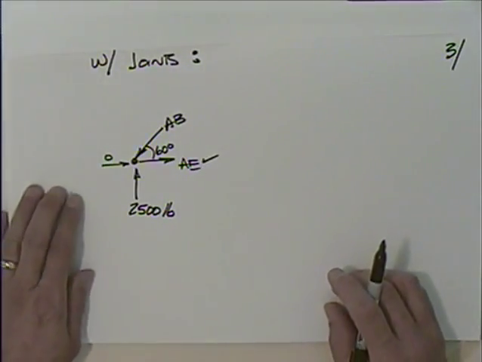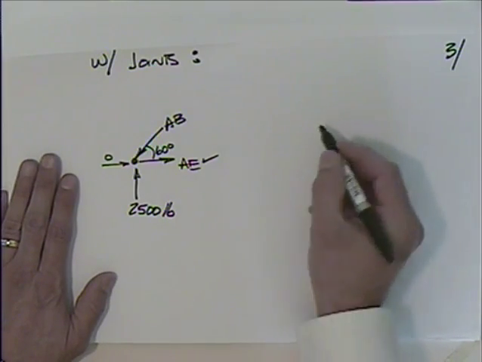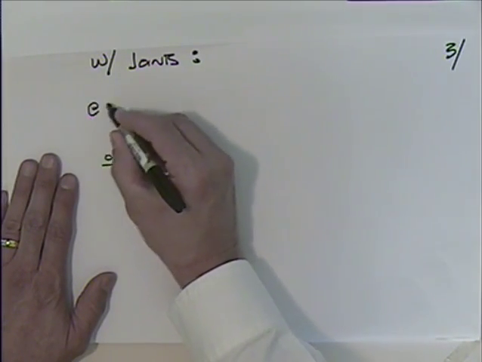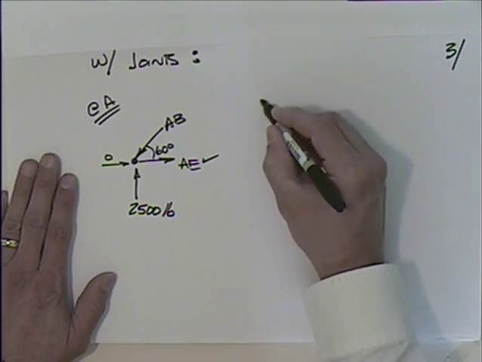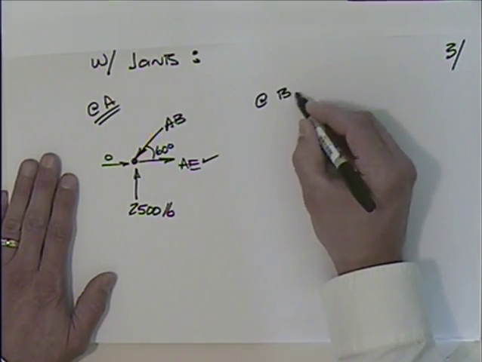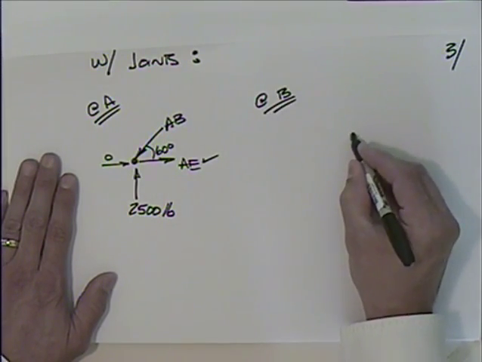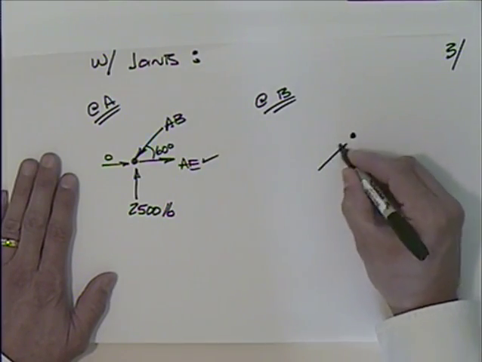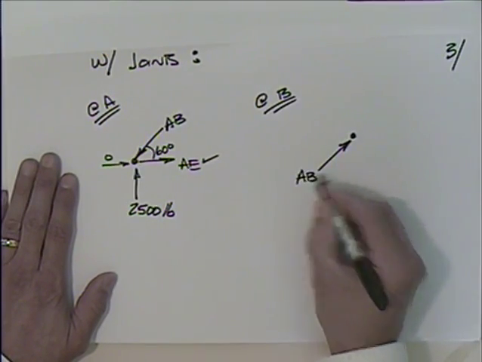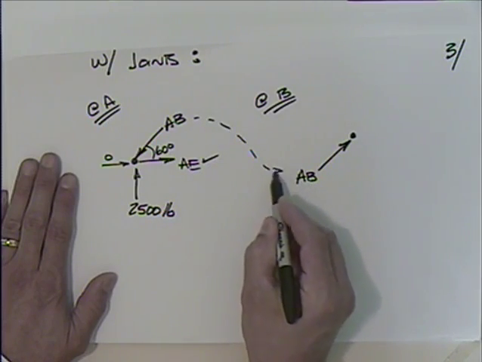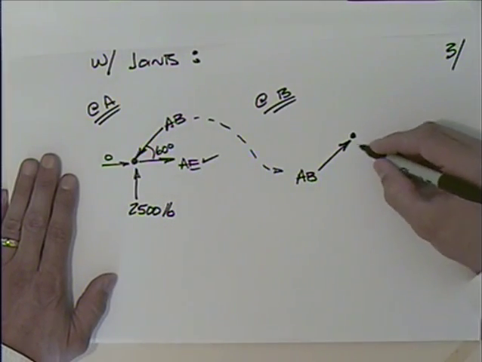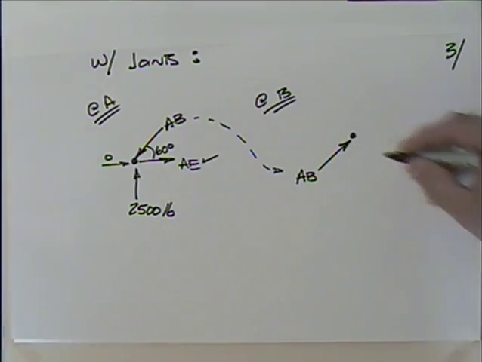And then what would we have had to have done? Probably gone on to do, so this is at A, and then we'd have to do at B. What would B look like? Well, I'd take this AB up there. There's AB. So I got that from here, and I brought it over to there. And then I would have had BE.